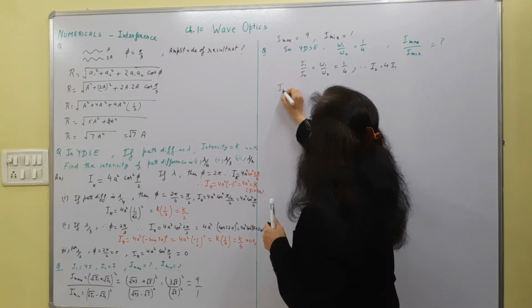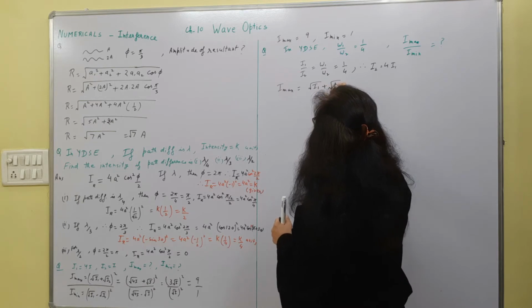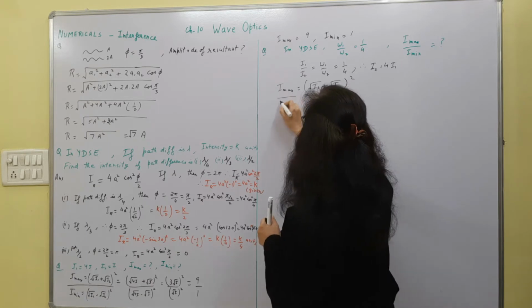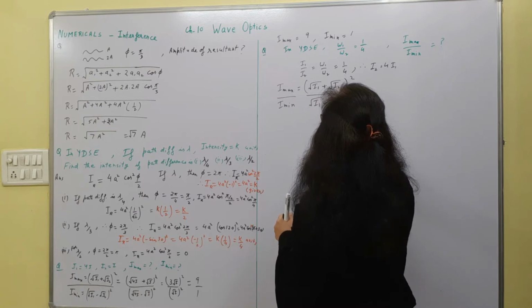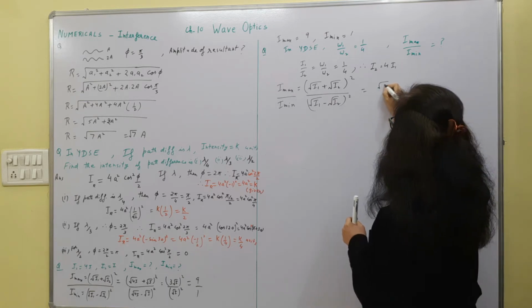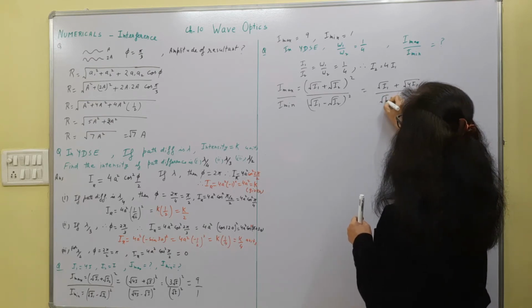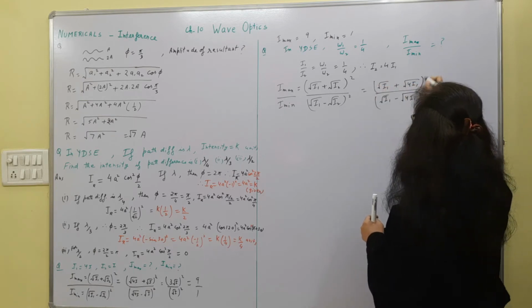And we know that I max is under root of I1 plus under root of I2 whole square upon I minimum, and root I1 we can write root I1 only, and root I2 we can write root of 4 I1 upon root of I1 minus root of 4 I1 whole square.